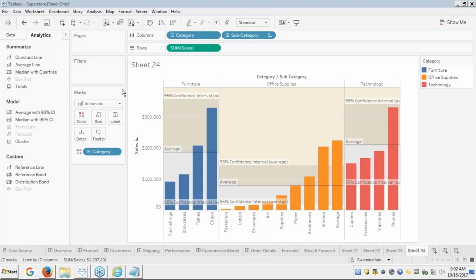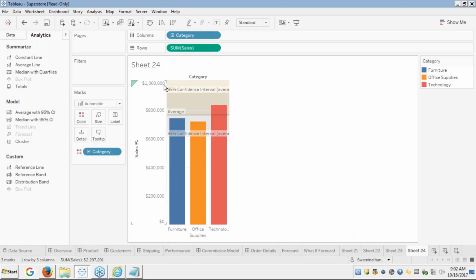So in this part, when the confidence interval is set to 95% confidence, it is saying your value will range between, this is the lowest value, and definitely it will be between this and this. So this confidence interval is basically telling us your value will range between these confidence limits.